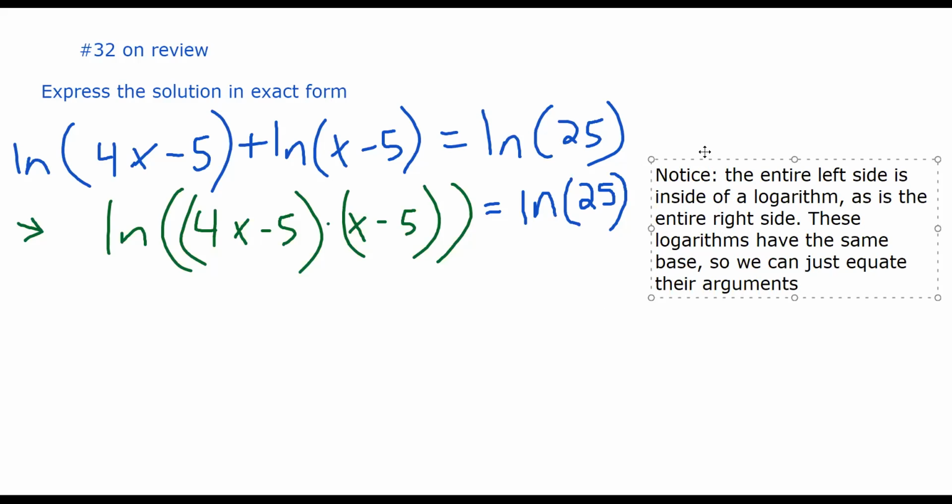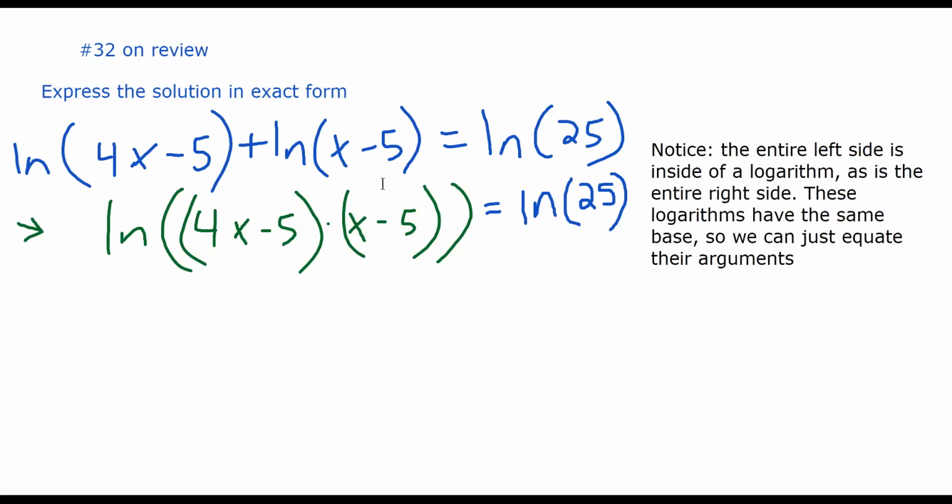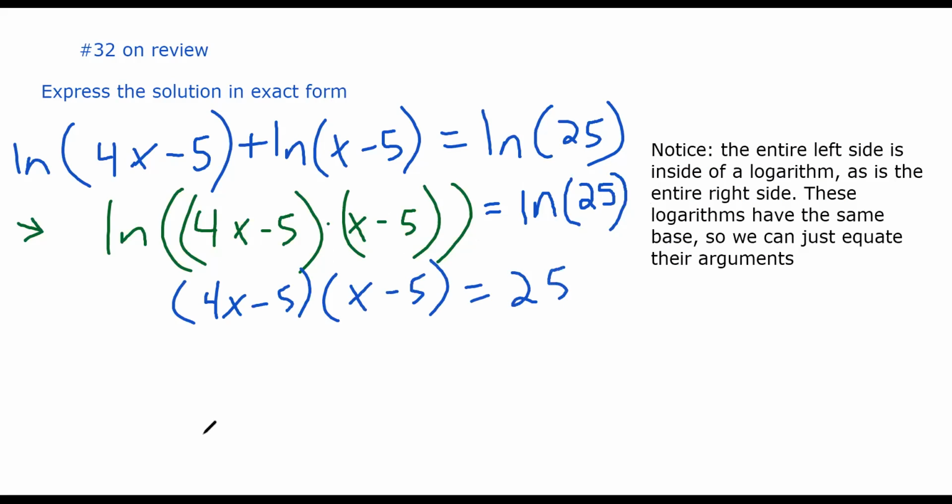In other words, the only way that this entire left-hand side is going to be equal to this entire right-hand side is if the business inside the ln is equal on both sides. That way you're taking the natural log of the same thing on the left as you are on the right. So we can basically drop the natural logs. They're not actually gone though.